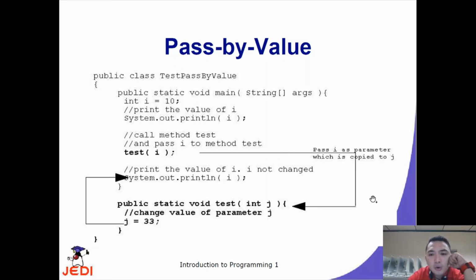So the I will be copied to the parameter J, which is int J. And then inside here, we change the value of J, which is equal to 33. Now the question is, as I said earlier, when the method finishes execution, it will go back to the method that called it, which is the main method. So the test method is called, and then it will go back to the main method.